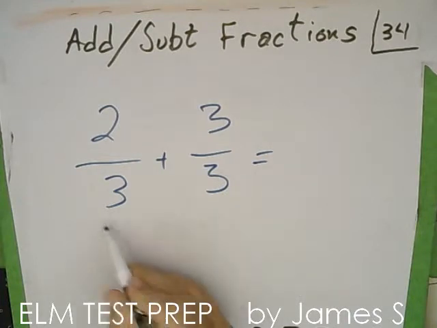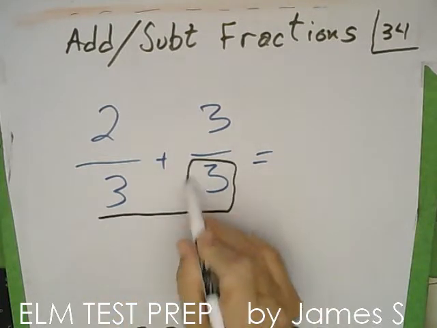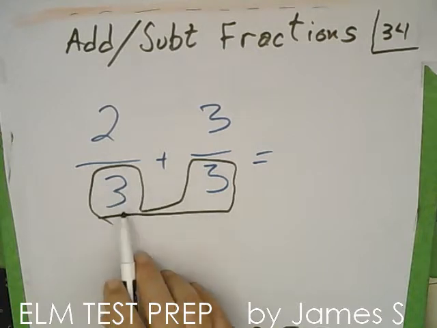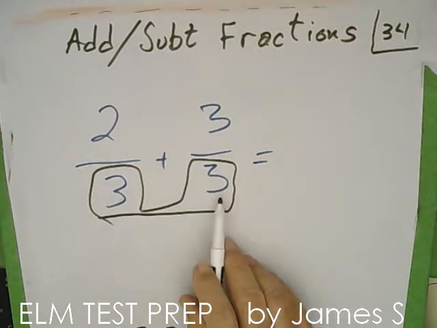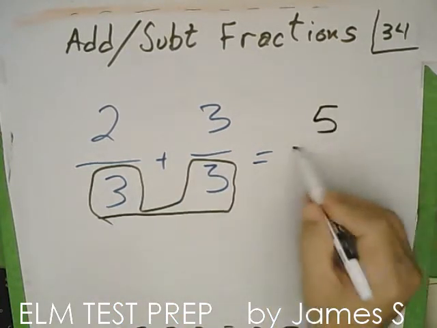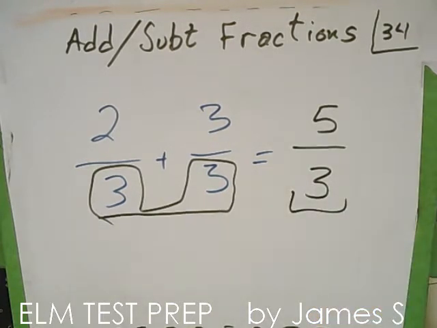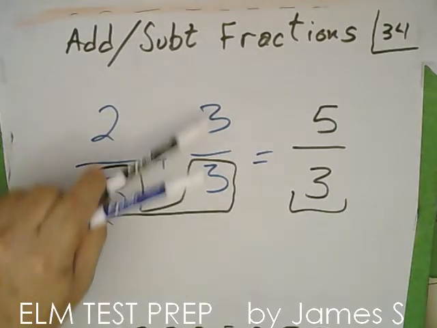You can think of the bottom, the denominator, as the name if you want: nickel, dime, quarter, box, cube, John, Frank, lemon, orange, whatever. I've got 2 of those plus 3 of those for a total of 5 of those 3's, or 5/3. I have 2/3 plus 3/3.